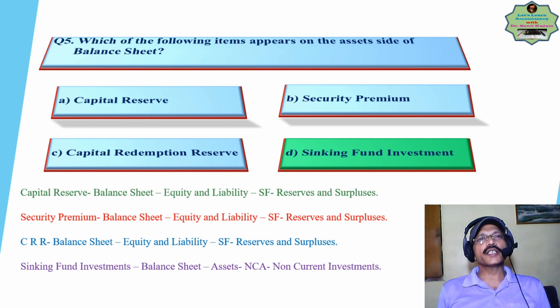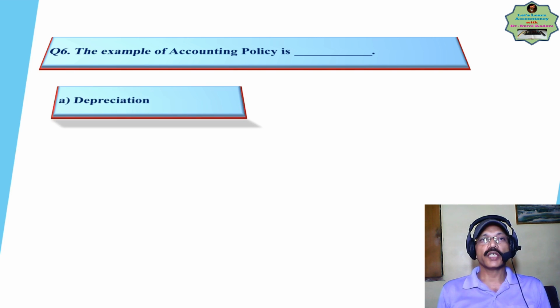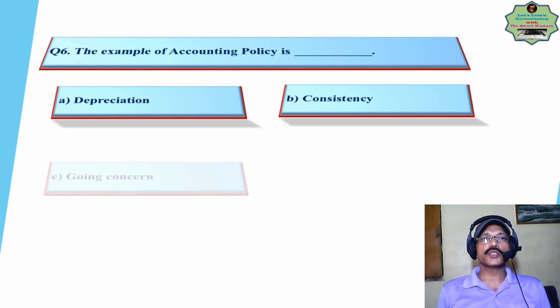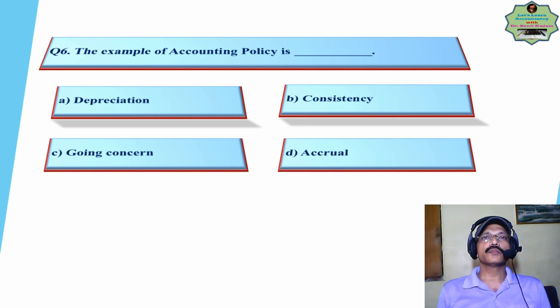So let's move on to the next objective. Number 6: the example of accounting policies is, the options are depreciation, consistency, going concern, and accrual. Out of these 4 options, 3 are examples of accounting concepts, and 1 is an example of a policy.